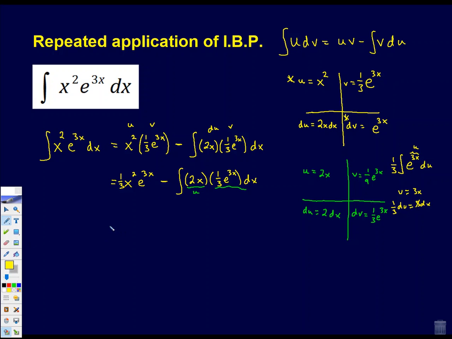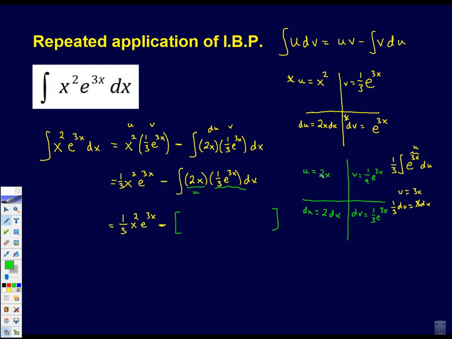Okay, so I am going to write in yellow anything that was already finished from before. 1/3 x squared e to the 3x minus, and now we are going to put in green the result of this integral, also done by parts.